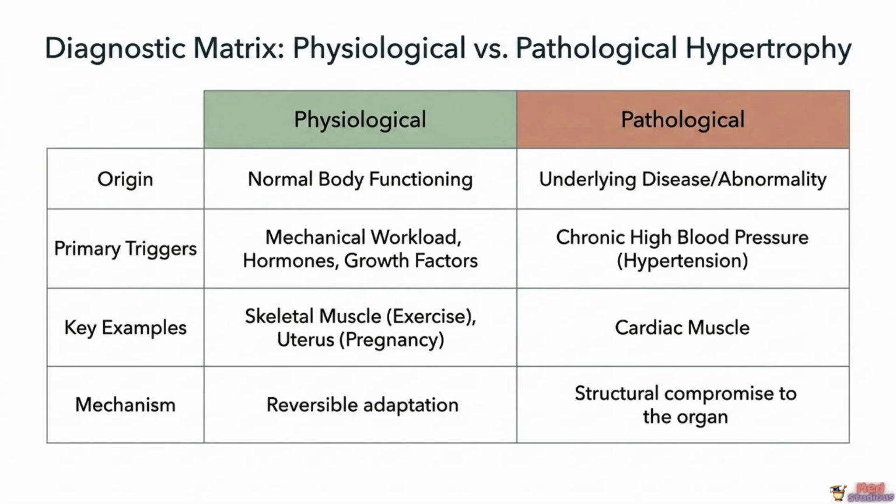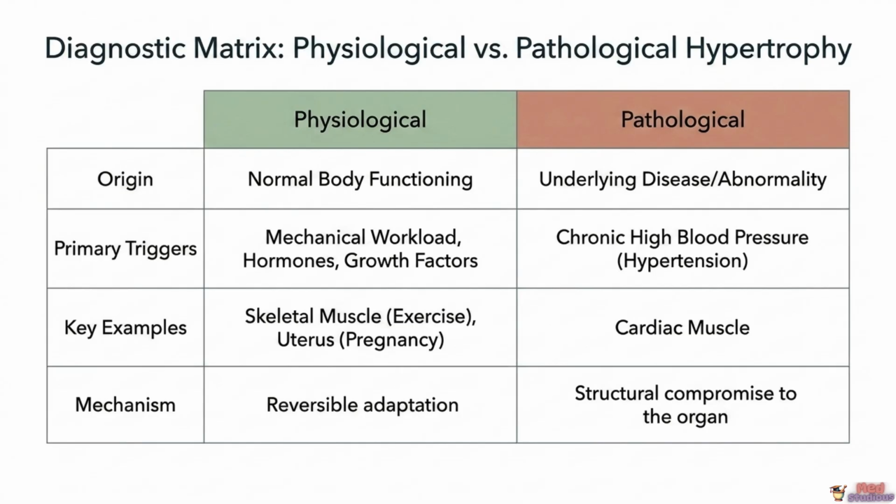The gold standard examples of physiological hypertrophy are skeletal muscle enlargement from exercise and uterine enlargement during pregnancy. The gold standard example of pathological hypertrophy is cardiac muscle enlargement from hypertension. Fourth, mechanism and outcome. Physiological hypertrophy is a reversible adaptation. Remove the stimulus and the cell returns to baseline.